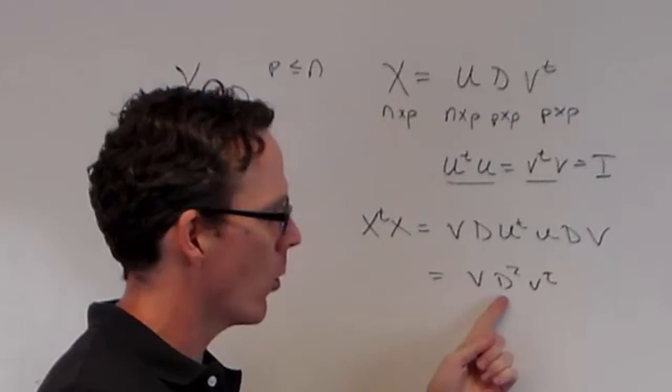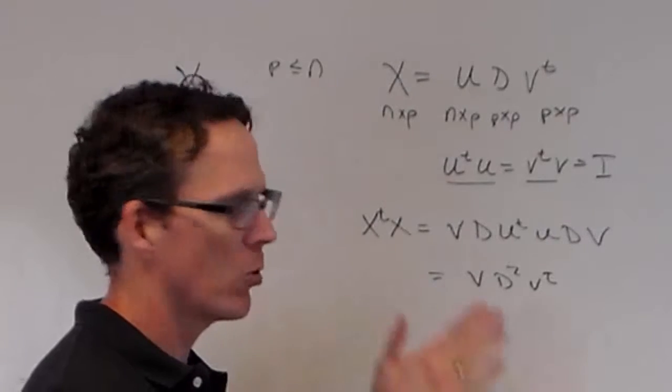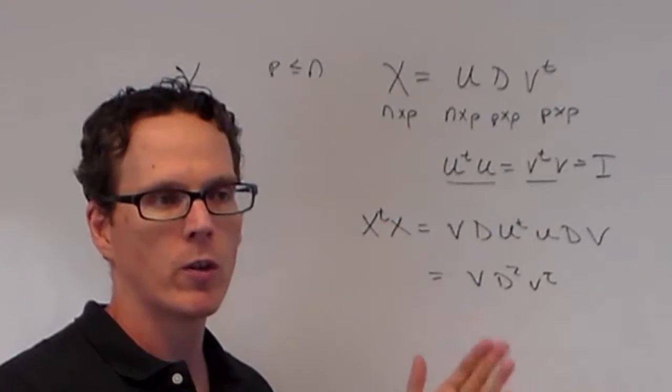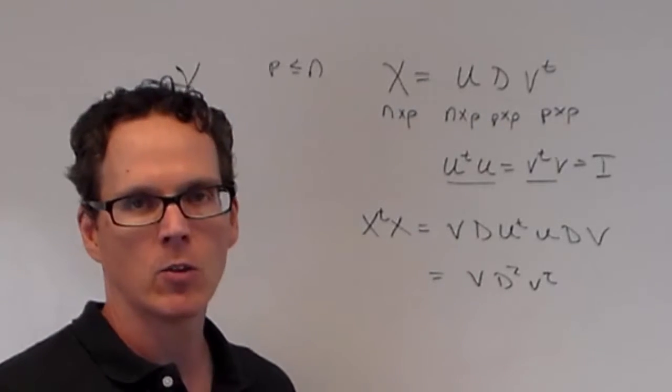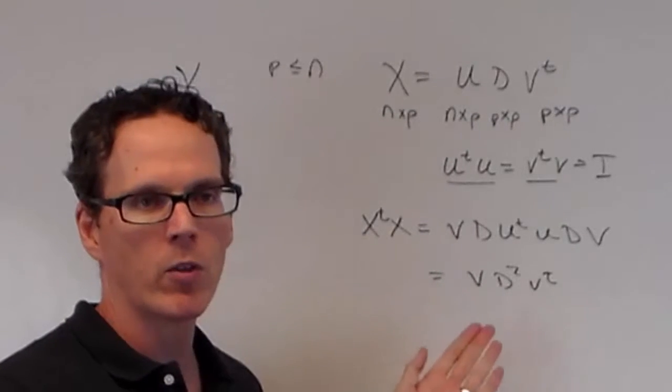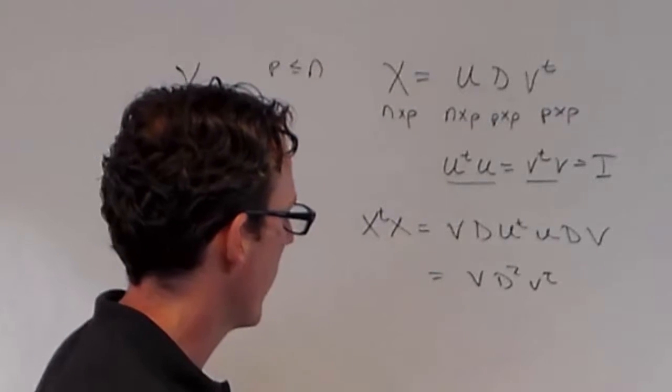And these are usually ordered so that the larger d squared values are earlier, in decreasing order. So the first one is the largest, the second one is the second largest, and so on.